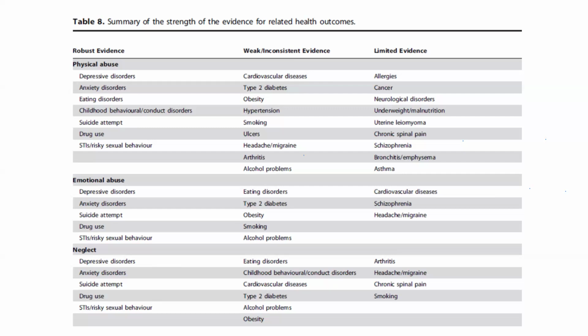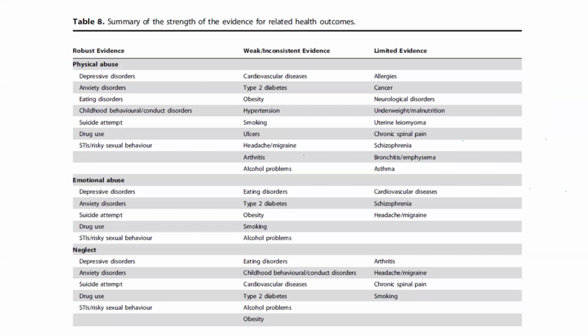For instance, we don't have enough studies there which could give any kind of evidence, whether weak or robust. So this is about the systematic reviews that you do, and you do all these kinds of assessments for their quality.